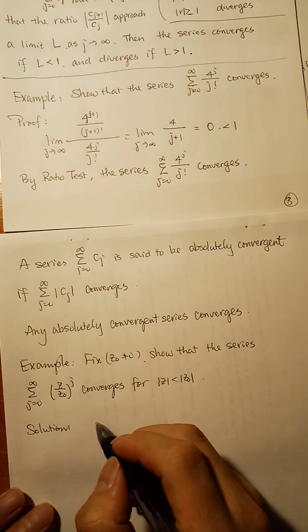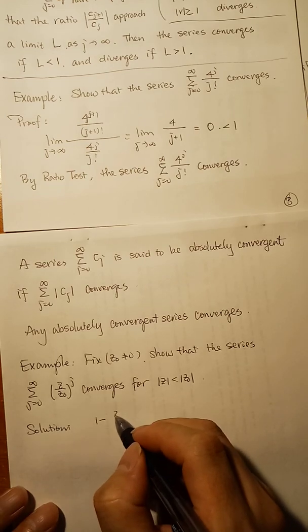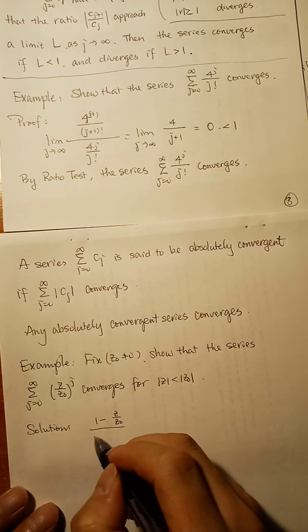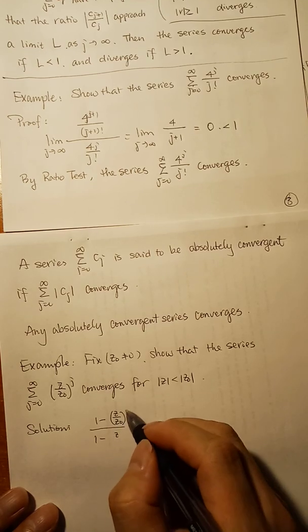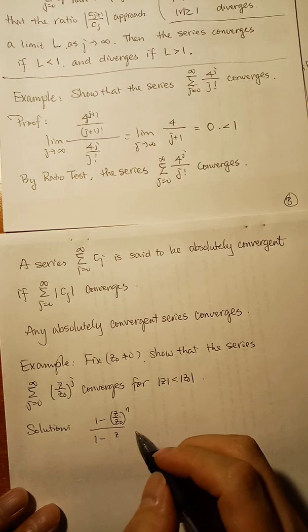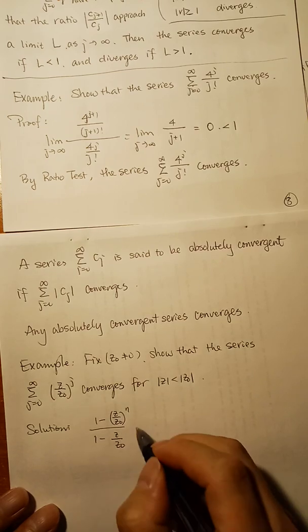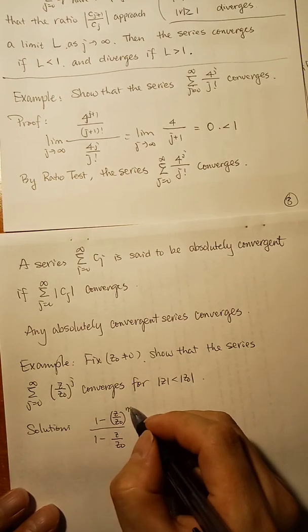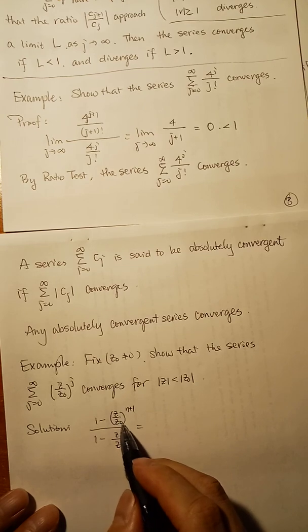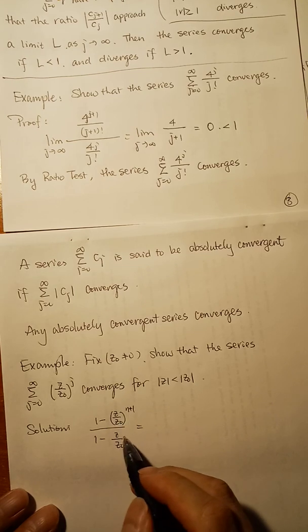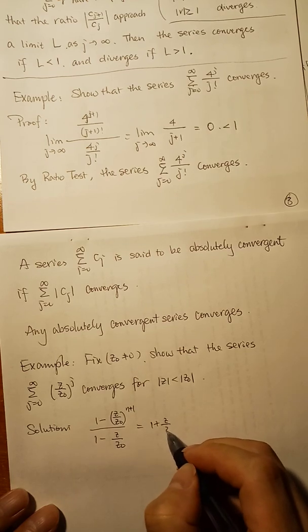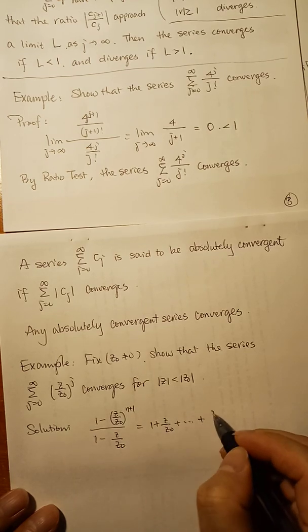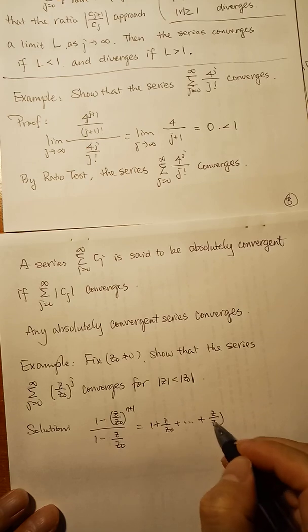If you have 1 minus z over z0 to the n plus 1's power over 1 minus z over z0, it's equal to 1 plus z over z0 plus and so on up to z over z0 to the nth power.